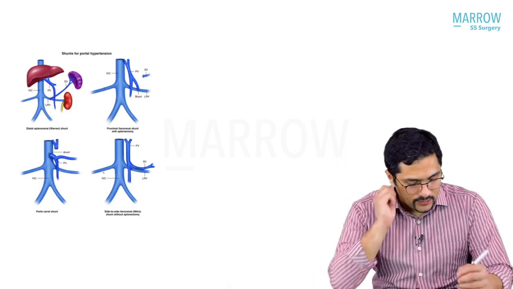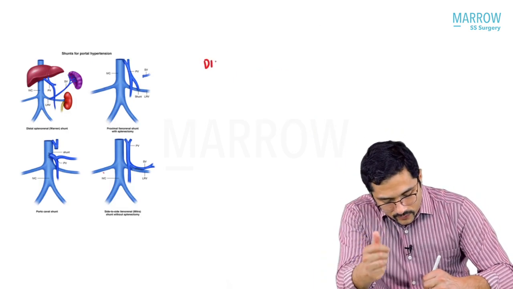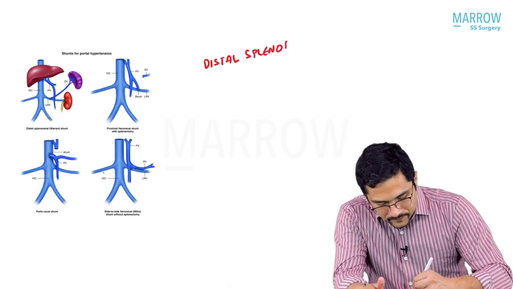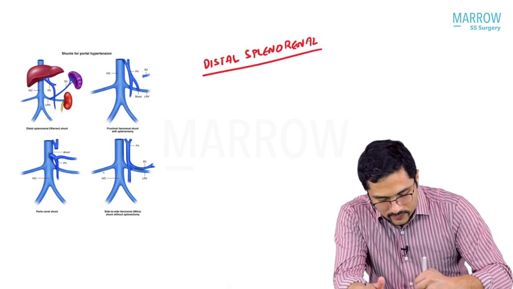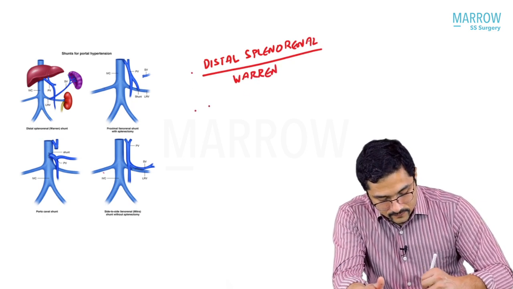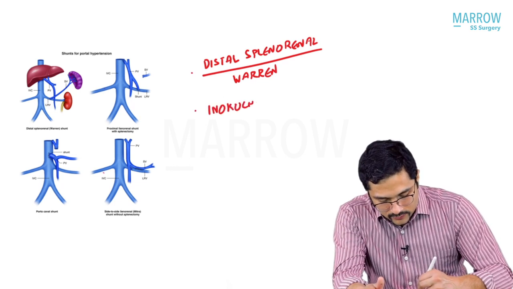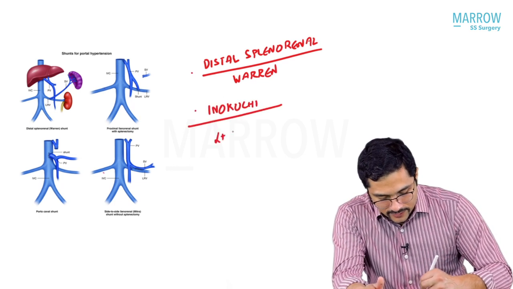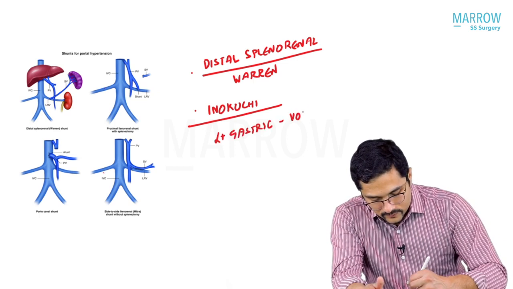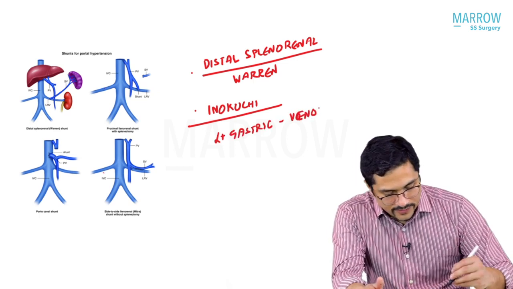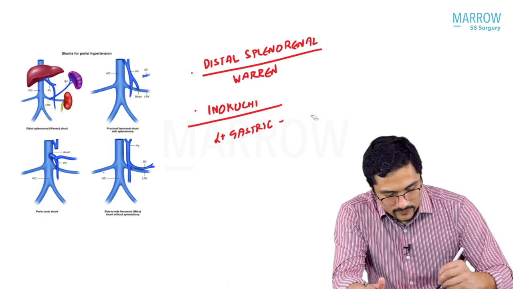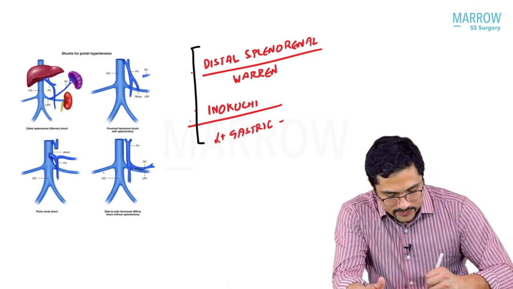These are the various shunts you should know. Distal splenorenal, also known as the Warren shunt, and the Inokuchi shunt, which is the left gastric shunt.